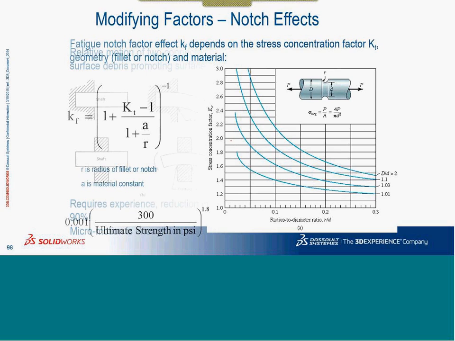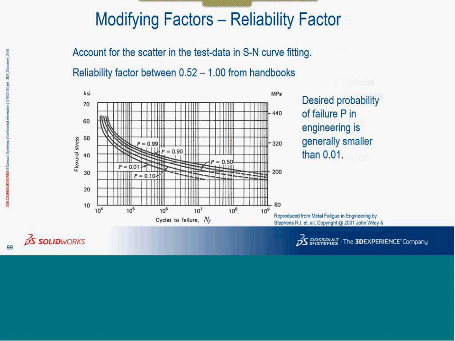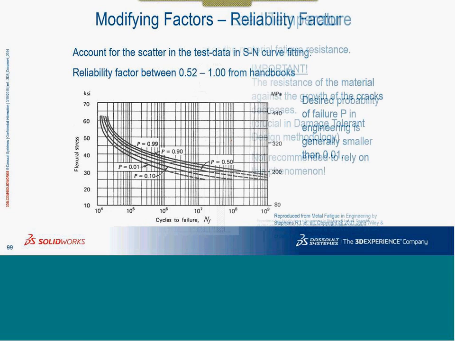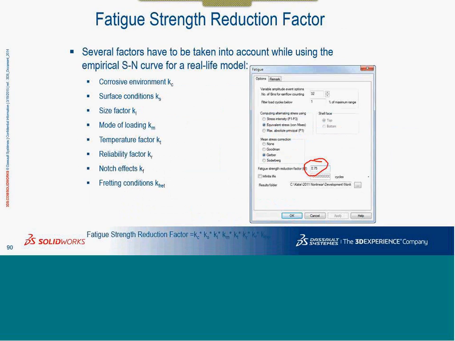Fretting effect, or what's shown in the images over here. And yes, a huge number of factors, but unfortunately, for our good, when it comes to the software, we actually have only one input that we are giving, that is this thing.